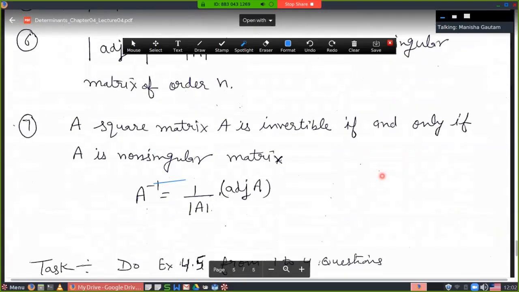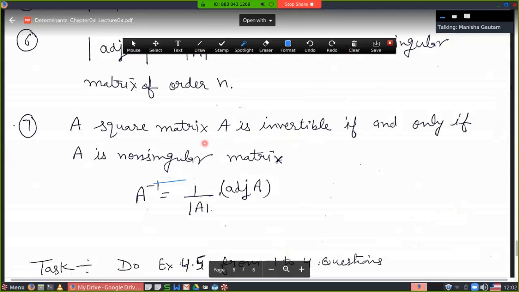Now last but not least, a very important property: a square matrix A is invertible. Invertible means its inverse can be found. I think this term was defined when we discussed the elementary transformation method to get the inverse of a matrix.